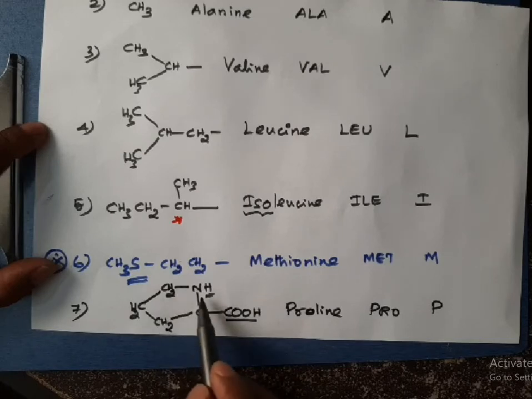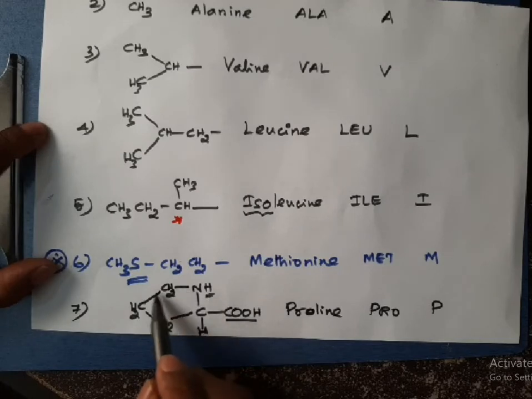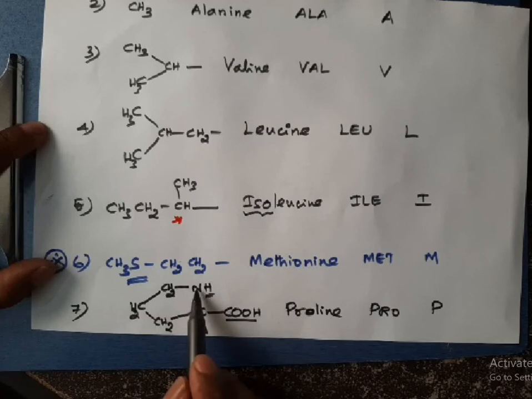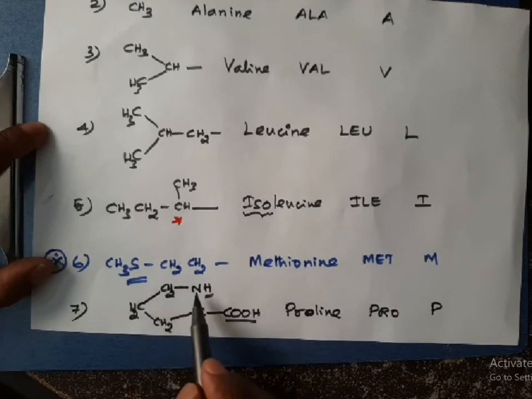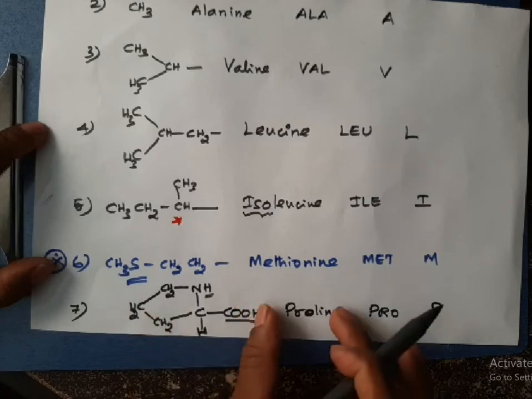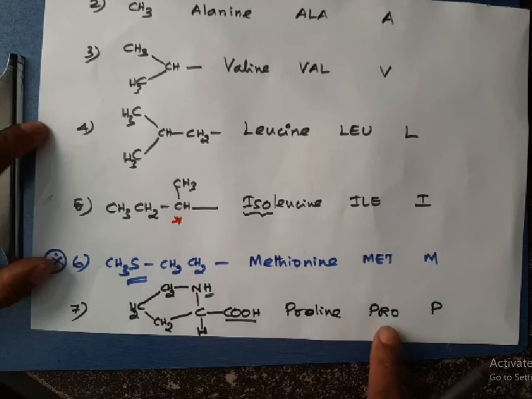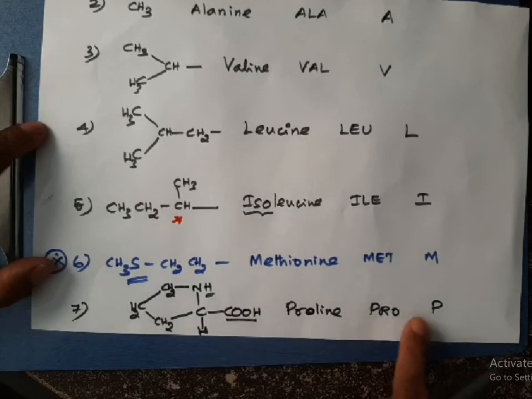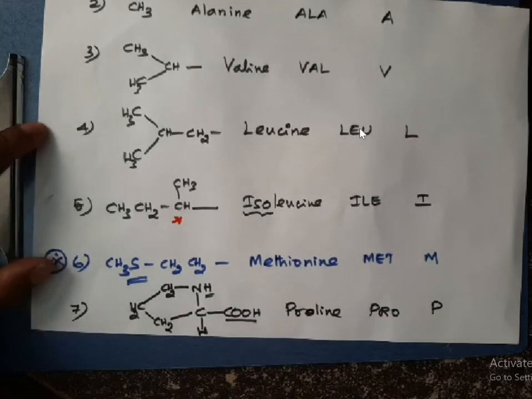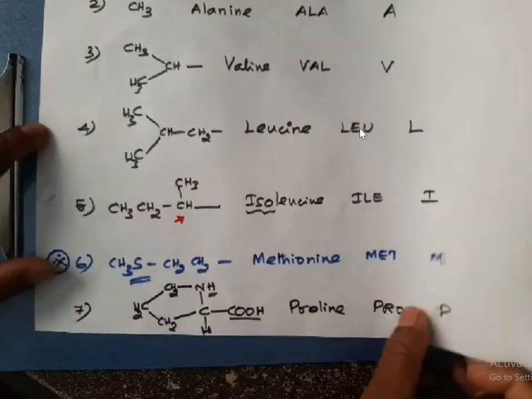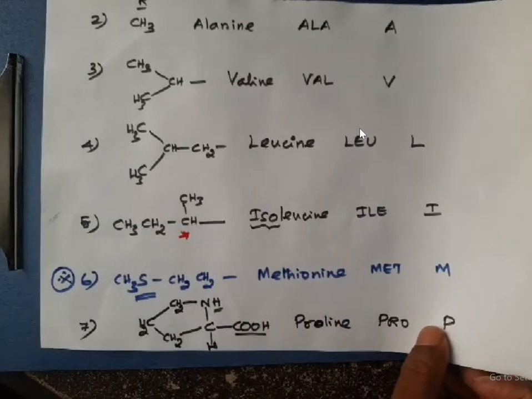In this 5-membered ring, the nitrogen atom of the amino group is also a part of the ring. This amino acid is called proline, the abbreviation is PRO, and the symbol is P. Right, next, number 8.